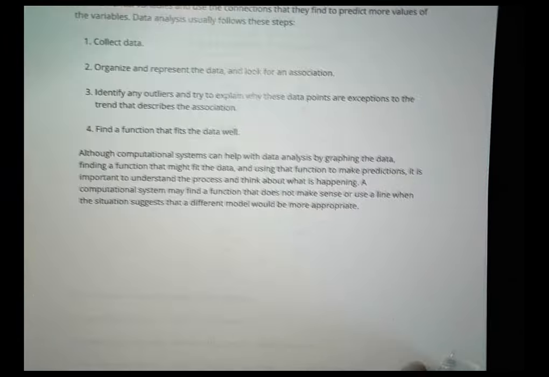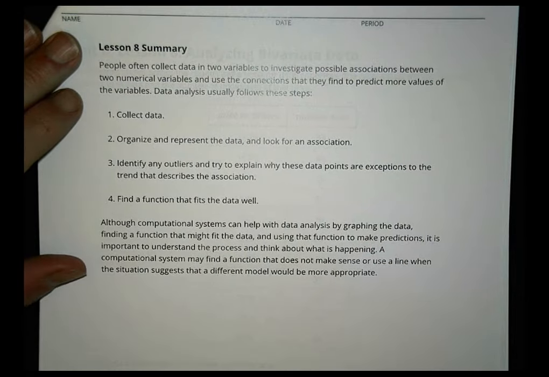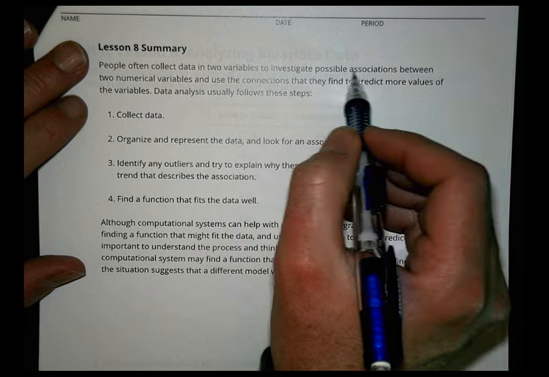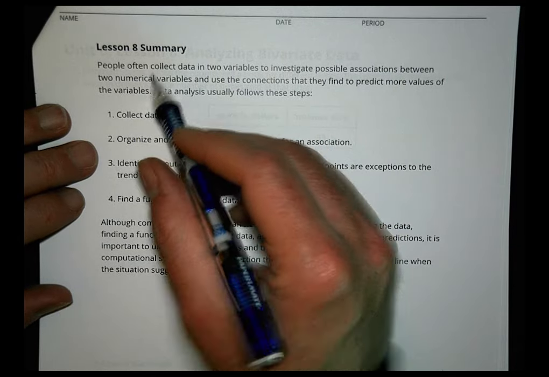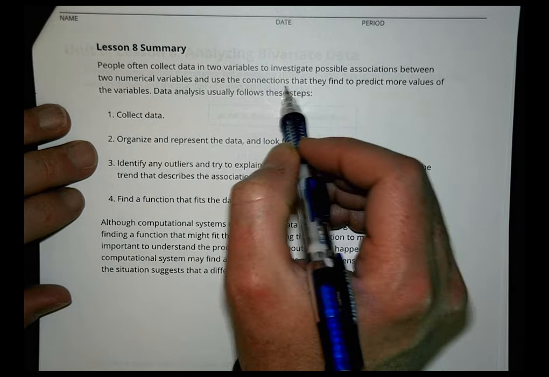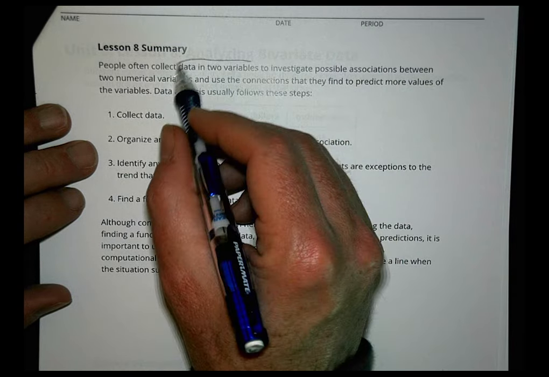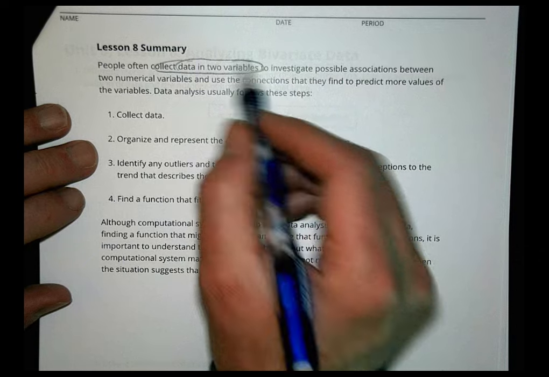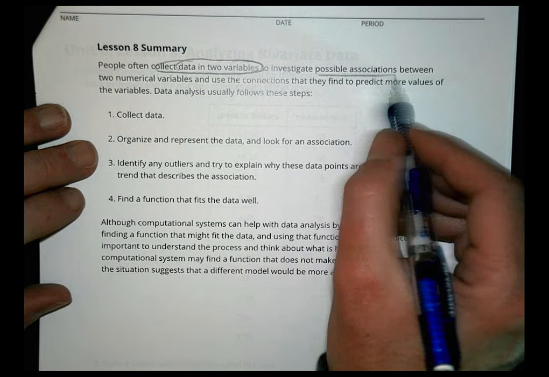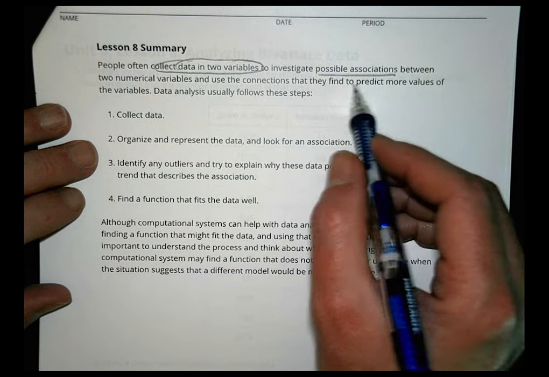All right, so in summary, people often collect data in 2 variables to investigate possible associations between 2 numerical variables and use connections that they find to predict more values of the variables. So data collection is usually 2 variables to help us find possible associations and do some predictions.